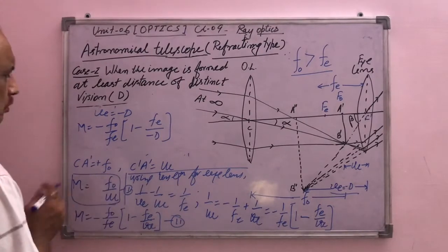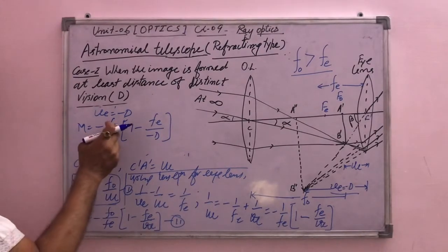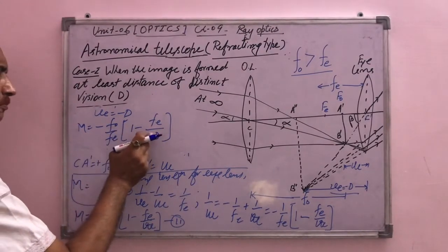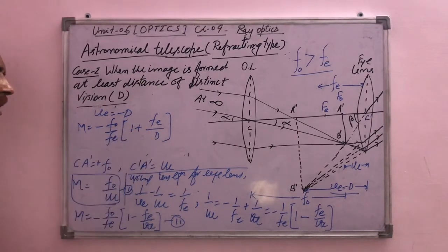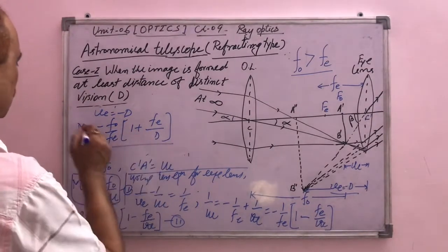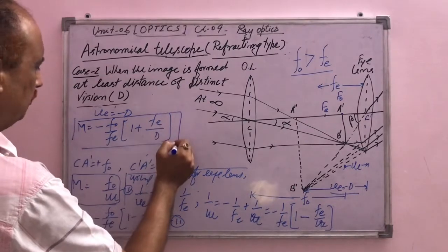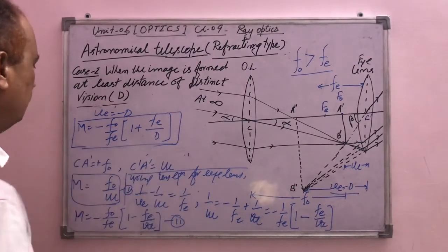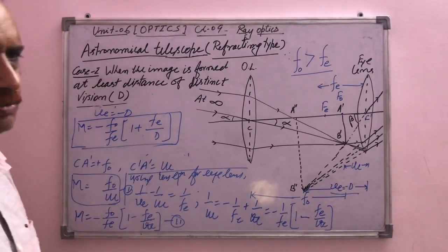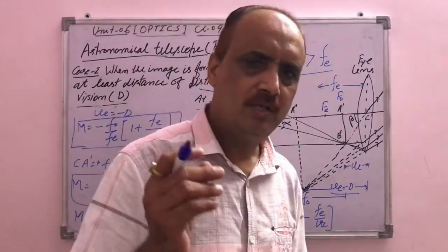So the formula will be equal to minus FO upon FE into 1 plus FE upon D. So this is the formula for the magnification when the image is formed at the least distance of distinct vision.